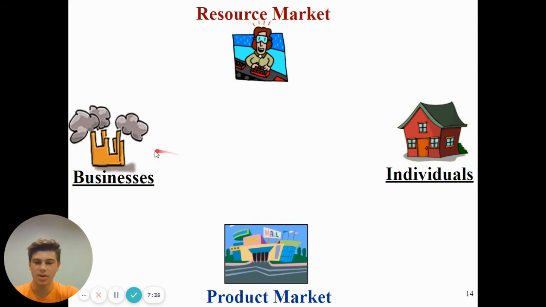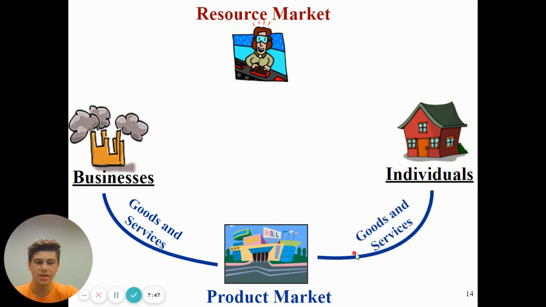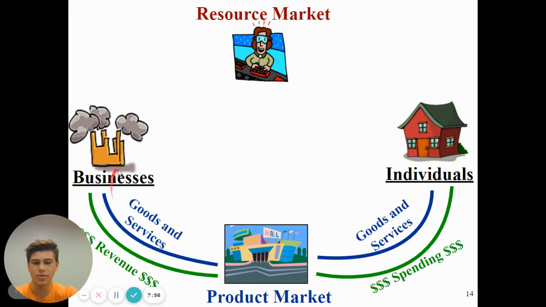These are the people and businesses that are going to be selling and buying these things. Businesses are going to sell goods and services in the product market, and then the goods and services are going to be consumed and bought by the individuals. Therefore, the individuals spend money in the product market, which is then revenue generated for the businesses. That means the businesses right now are supplying the goods and services here, and we, the individuals, are demanding the goods and services here.